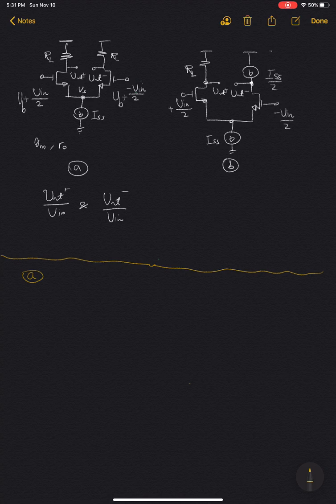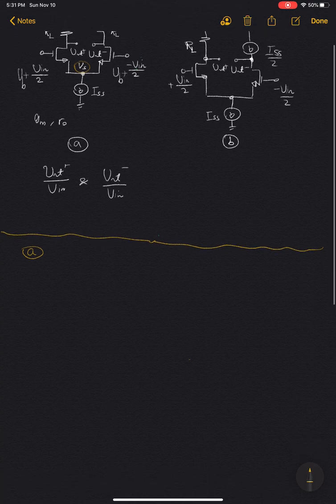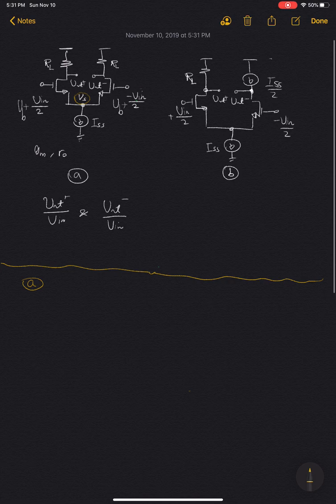So we know that for fully differential circuits, we can use the concept of virtual ground, basically. So here we can use the same thing for circuit A, and as a result, the circuit can be decomposed into two independent circuits.